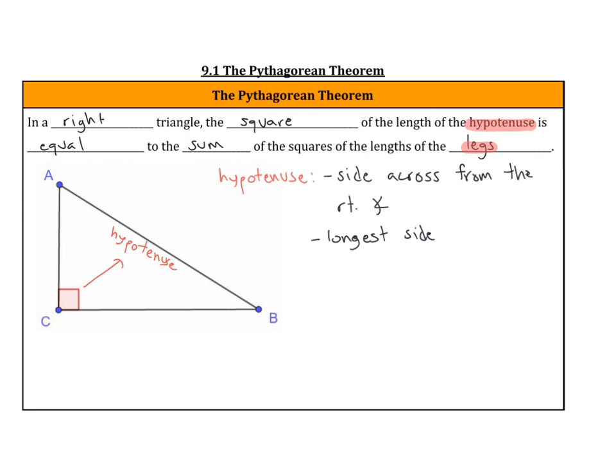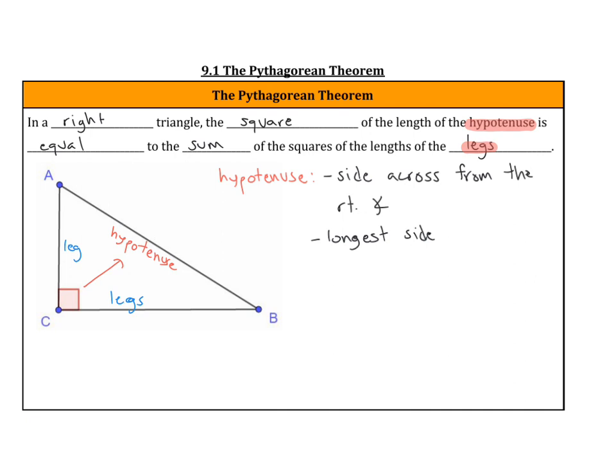And that also means that I cannot have two angles or even one angle that is 90 degrees and the other angle is greater than that. So it's quite impossible. And then, of course, the other two sides will be called the legs of the right triangle.